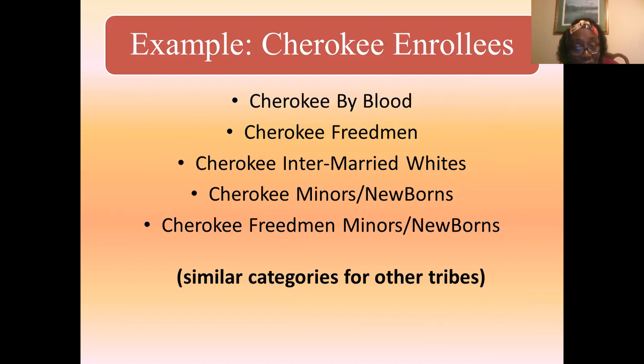You're going to find the cards by blood. You're going to find them in all of these categories: freedmen cards, cards of intermarried whites, the minors and the newborns. And sometimes those were used interchangeably. And then, of course, you even find the freedmen, minors, and newborns, and similar categories for the other Five Tribes.